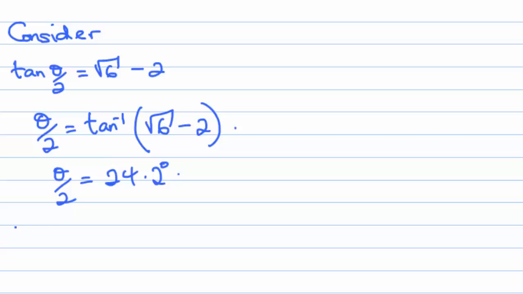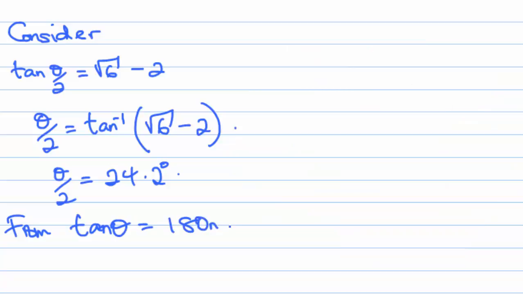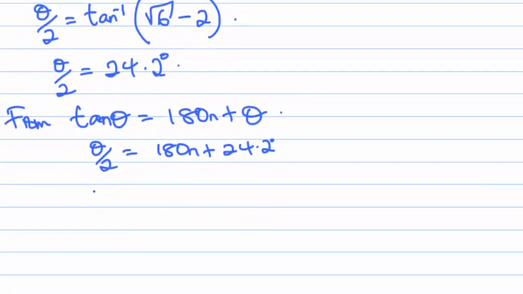I'll emphasize this again. Do not multiply through by 2 at this point. It is a misleading concept like we saw in the previous tutorials. So we first of all obtain the angles of theta over 2. I'll use the general formula, and for tan theta, it is equal to 180n plus theta. And so if I want to get the other values for theta over 2, I replace theta with my principal value, 24.2.